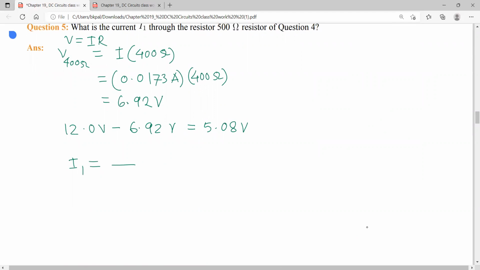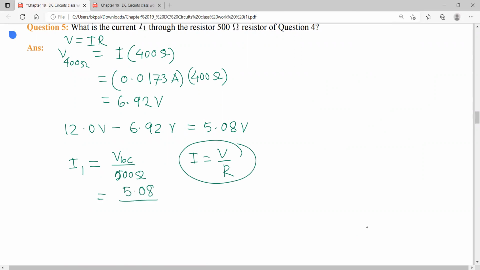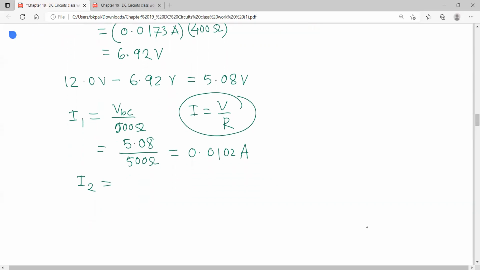I1 will be VBC divided by 500 ohms, because again it is Ohm's law, I equals V over R. VBC is 5.08 volts, and this gives me 0.0102 amps. Similarly you can determine I2, although it didn't ask you to, easily by using this equation.